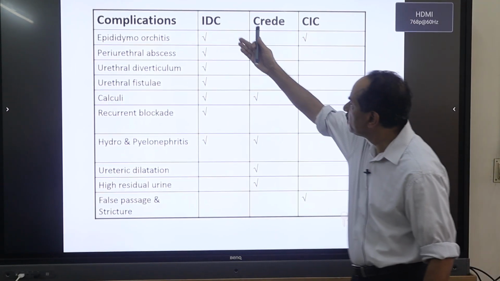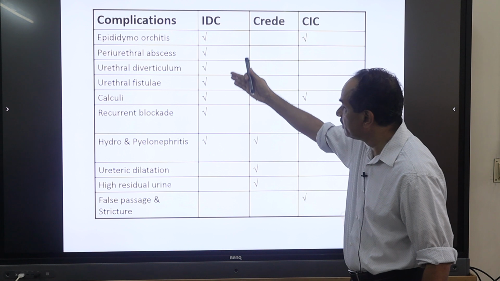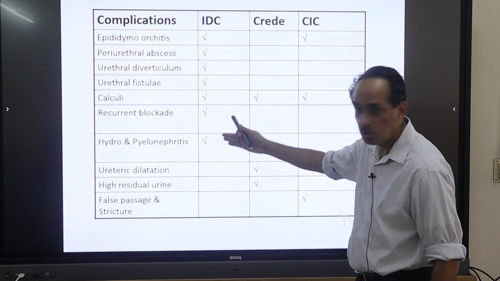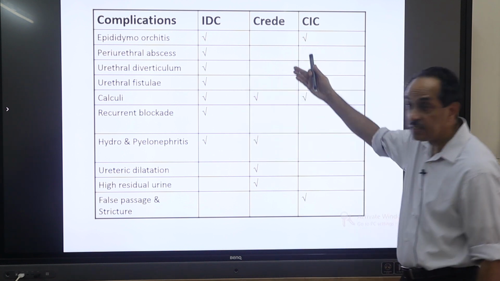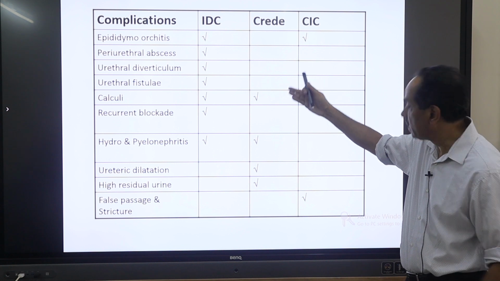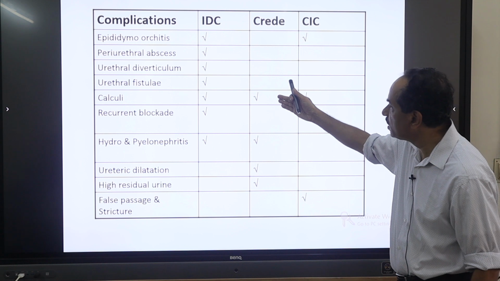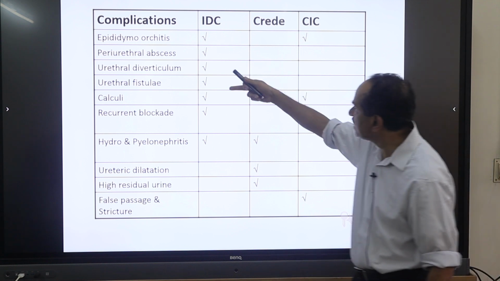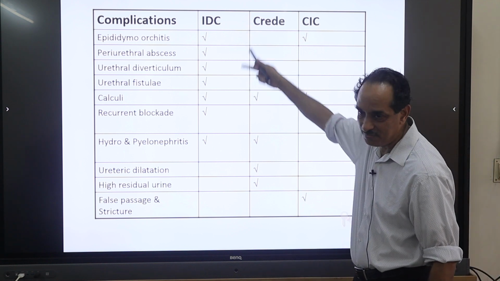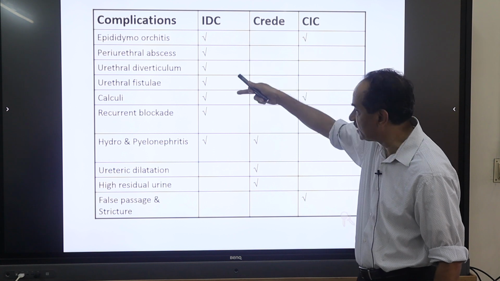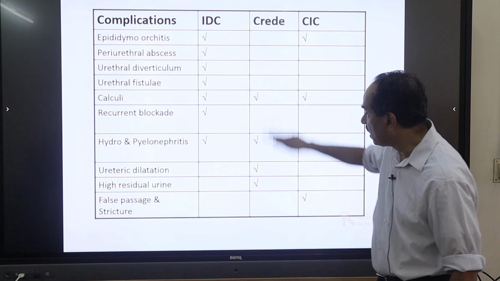So when the patient is on a catheter, you can imagine the number of complications. Credé. What happened? Again, when you raise the pressure, there will always be residual urine. So calculi is more. Catheter related complications are less there, on account of the catheter. But you see, calculi, upper tract changes.